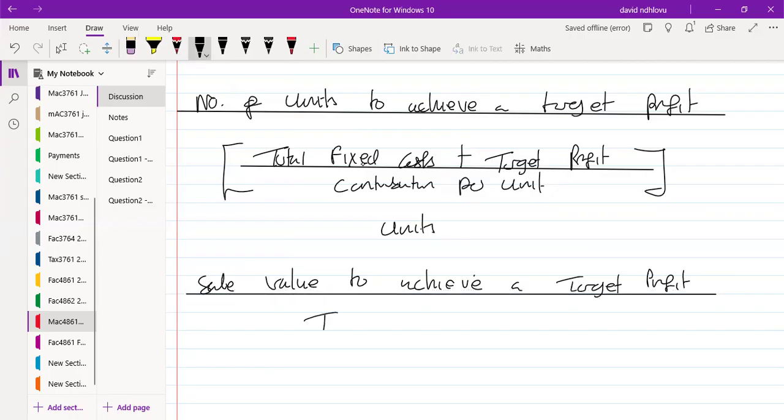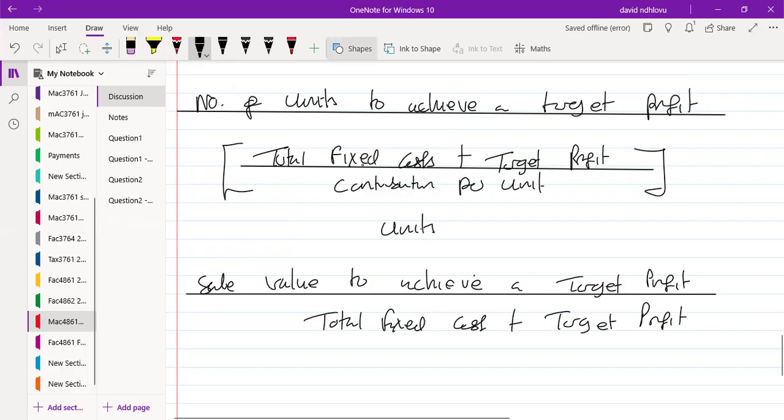You simply divide by the contribution ratio instead of the contribution per unit. So it will be your total fixed cost for a period plus the target profit. But this time, because we want value, then we'll divide by the contribution ratio.